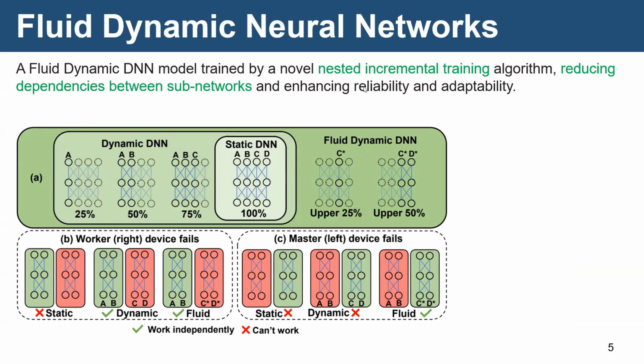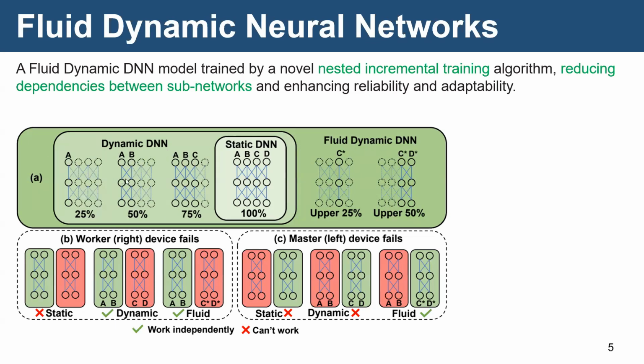The idea behind the fluid dynamic DNN model is to train a static model using a novel nested incremental training algorithm. I will talk about it in the next slide. Basically, what this algorithm does is reduce the dependencies between subnetworks, in other words, reduce the dependencies between the bottom 50% of the model weights and the upper 50% of the model weights.